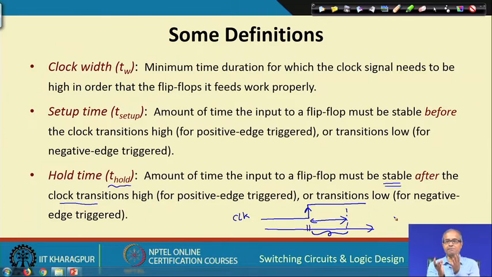So, setup time specifies with respect to the clock edge how much before I must apply the inputs, and hold time specifies again with respect to the clock edge how much more I must maintain that input stable, so that the flip flop works correctly.